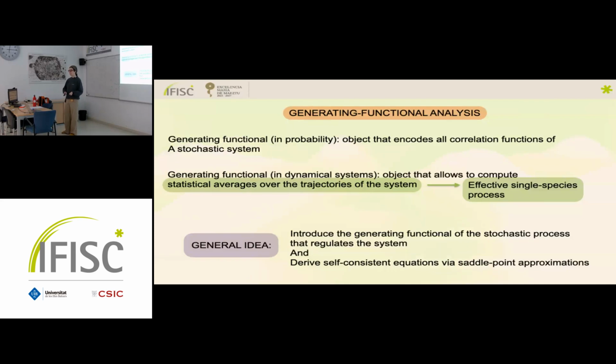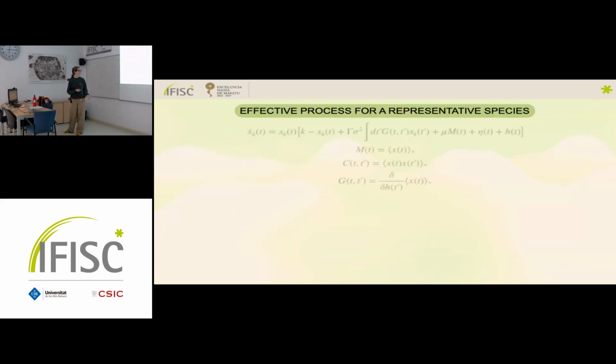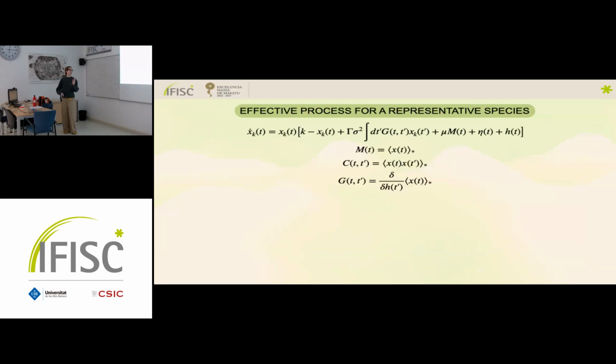What are these self-consistent equations? Again, the effective single species process we are looking for. So from generating functional theory, saddle point approximation, and averaging over noise, in the end we get to this equation. This equation is what I've introduced up until now conceptually.